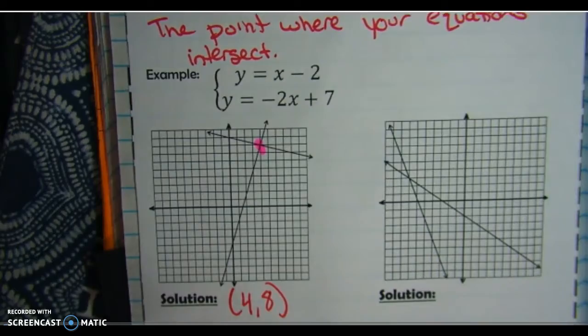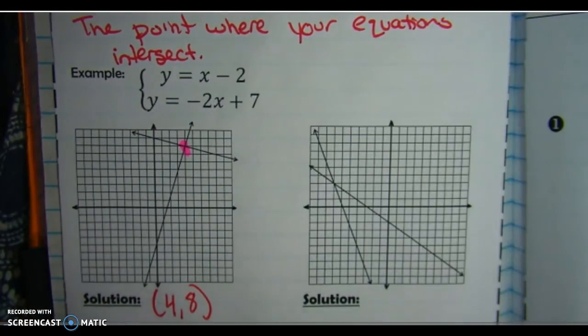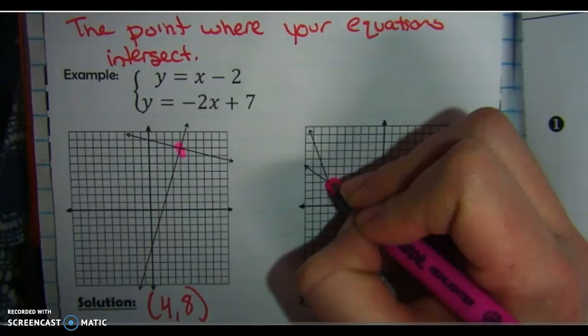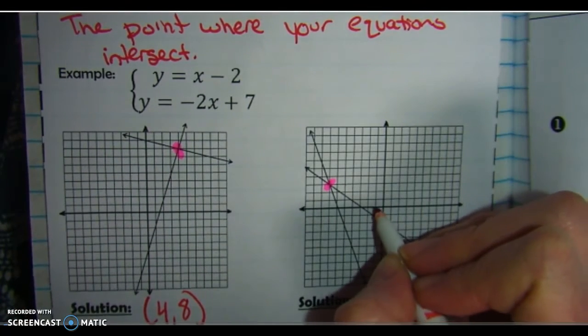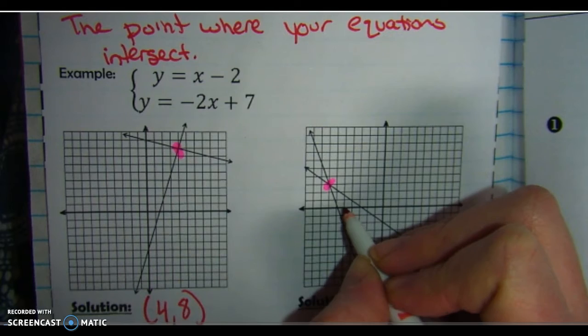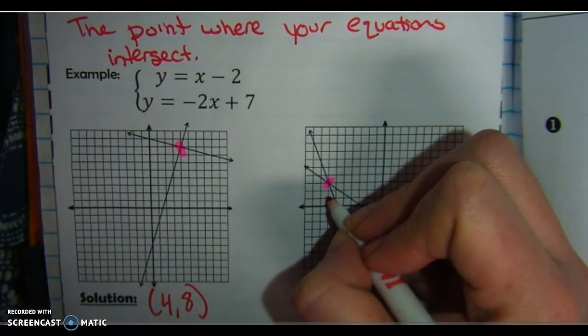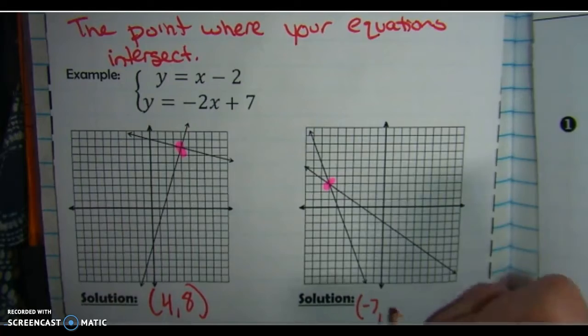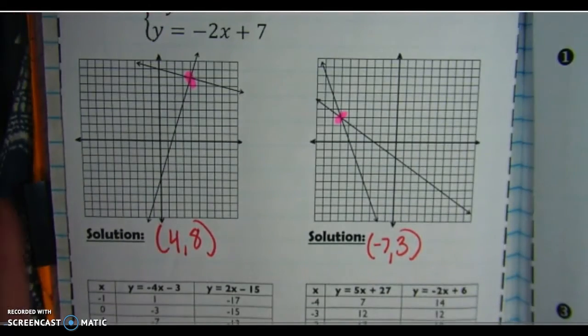So our solution is (4, 8). That's our answer. Over here we're going to identify our solution, the point where they intersect. We're going to be at 1, 2, 3, 4, 5, 6, 7, so -7, and then 1, 2, 3. Okay, so that's our solution here.